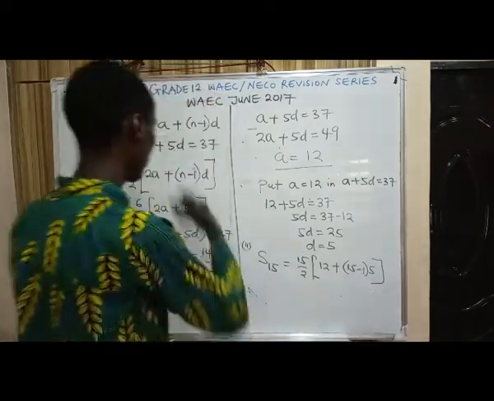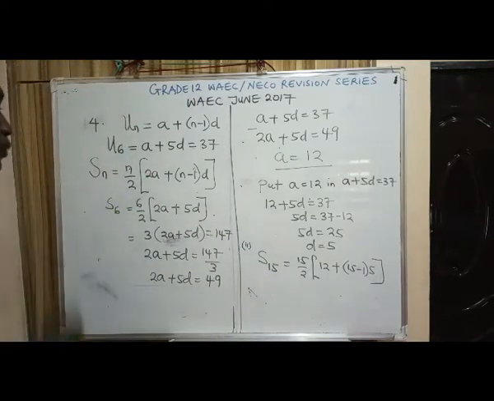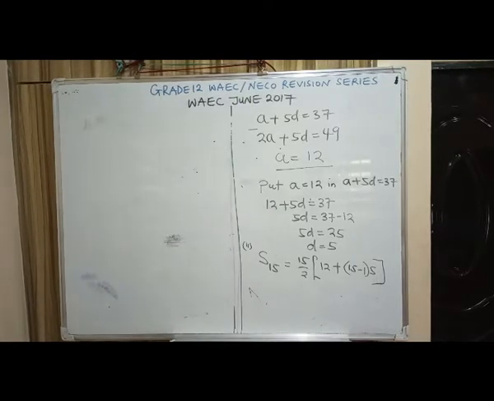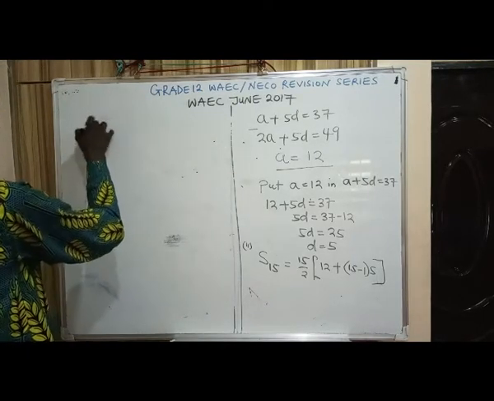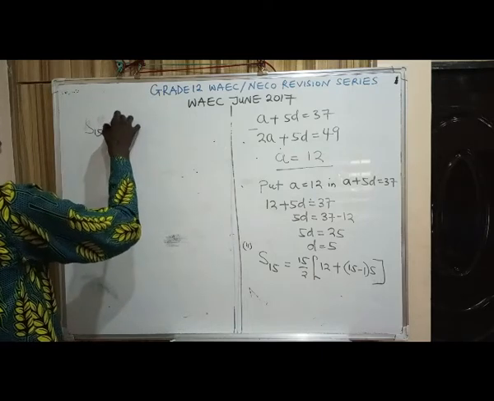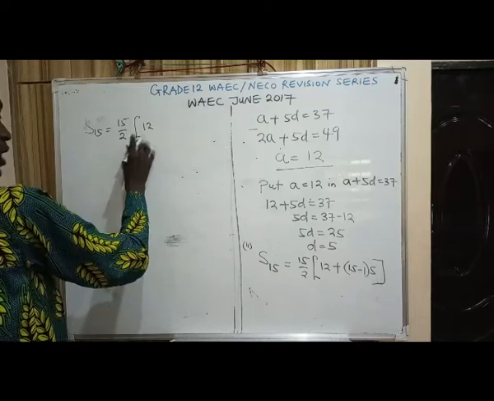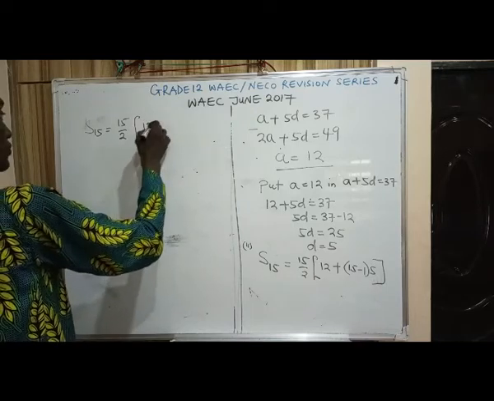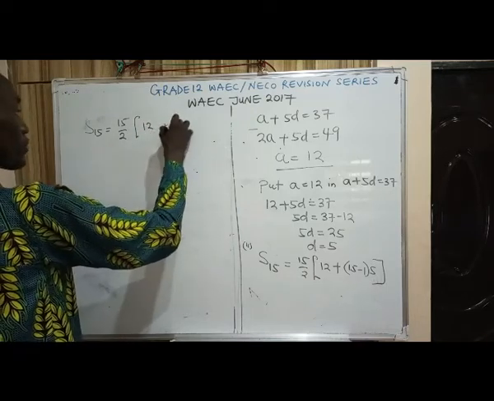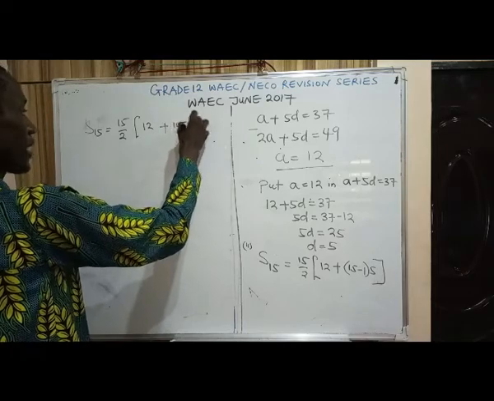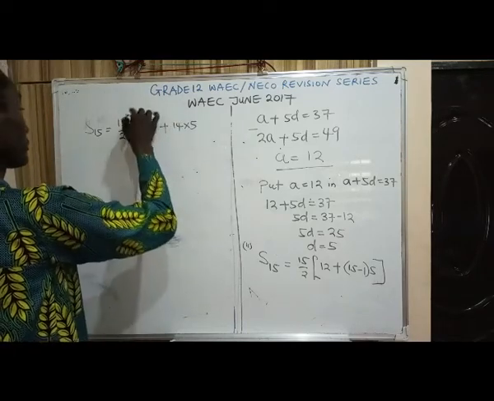Alright, so I'm going to wipe off this part and transfer my problem to the other side of the board. Keeping with that, S15 will be equal to 15 over 2 into 12 plus 14 times 5.